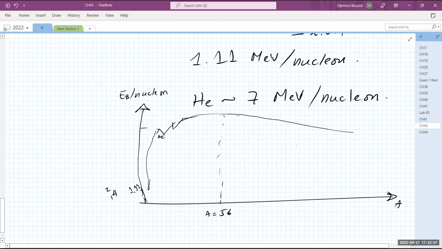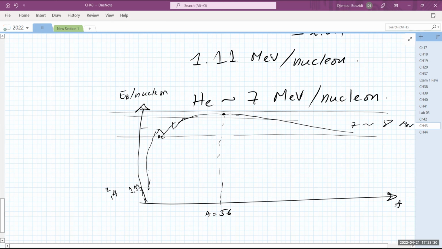So this is how much energy it takes to bind to form a nucleus for every nucleon. Obviously, the total energy is multiplied by A. If you take 56 here and find the number to be 7.8 MeV, for example, it varies between 7 and 8 MeV for most of the elements, with the exception of the lighter elements. So that's why it's roughly constant.